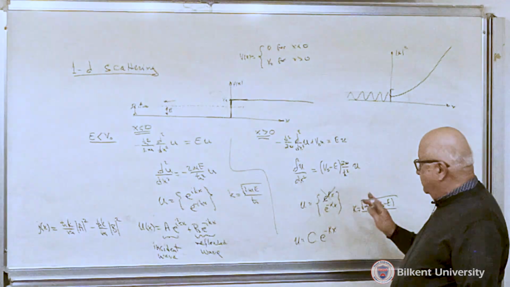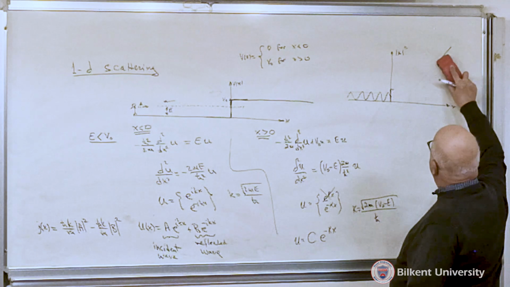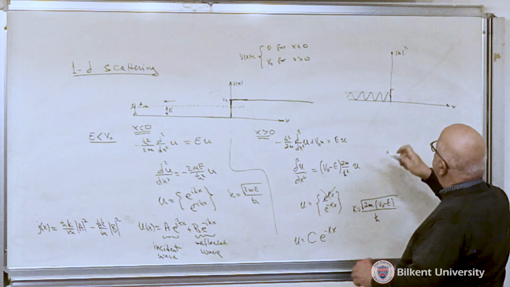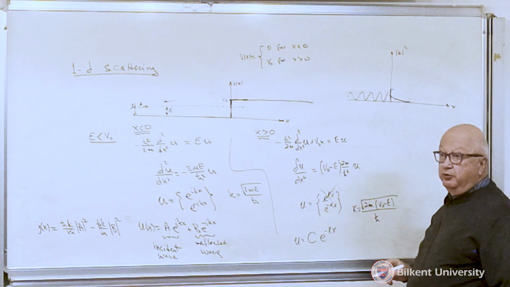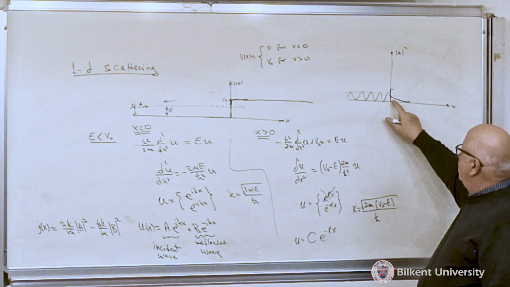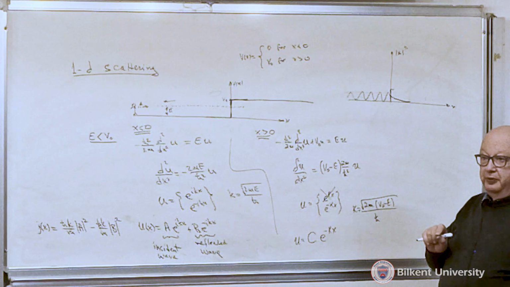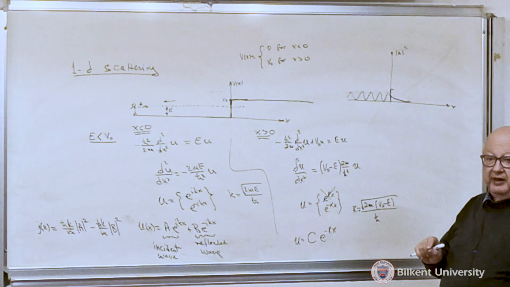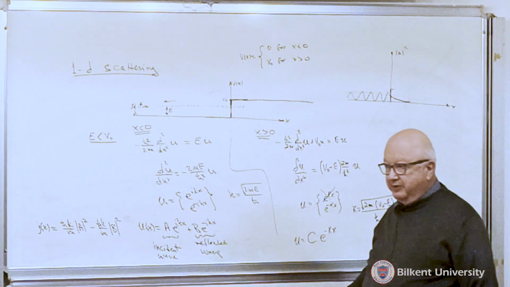So that's why I'm throwing that away. I am left with e to the minus kx, which means the probability will exponentially decay to 0, which makes a little bit more sense. The particle is already someplace where it is forbidden to be according to classical mechanics, but just sneaks in as much as it could.